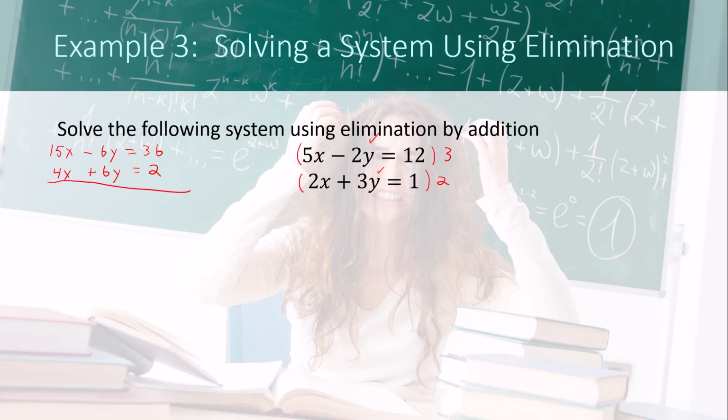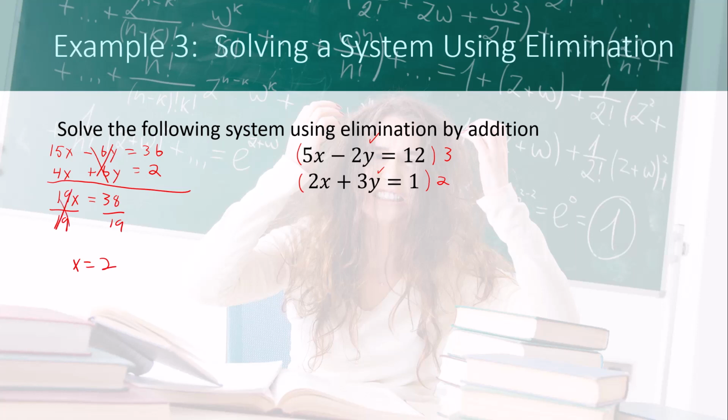So I'm going to add them up. And remember, when we add, we can only combine like terms. These are like terms. They add to 19x. These cancel. And then here we have 36 plus 2, which is 38. Isn't that convenient? And now I can solve for x. What I can do is I can divide both sides by 19. And I have that x is equal to 2. These cancel, and 38 divided by 19 is 2.